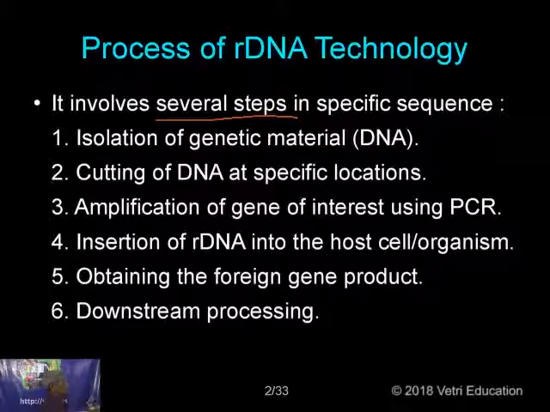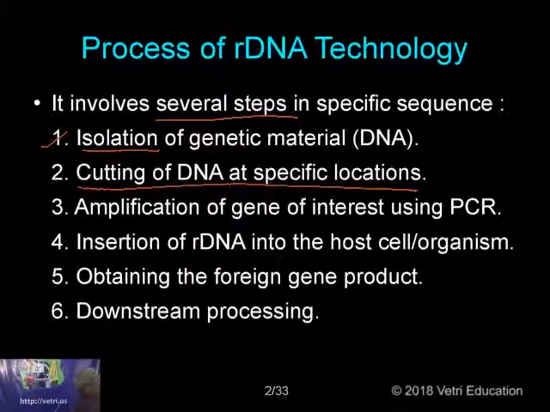Everything I have just put in a specific sequence. First one is isolation of genetic material in the form of DNA. The second one is cutting of DNA at a specific location.